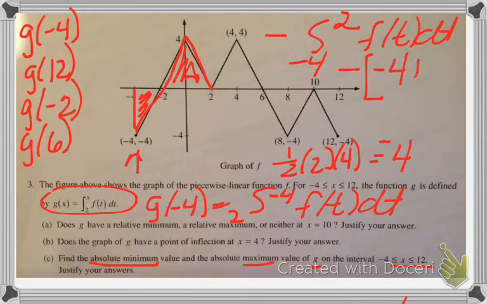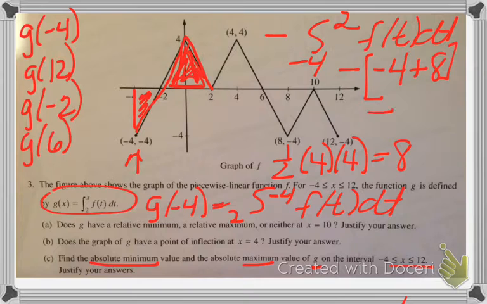Okay, and to that we're going to add the area of this big one right up here. So we're going to have 1/2 the base, which is 4, times the height, which is 4. So it's going to be half of the 16, which is 8. Okay, so we're going to have a -4.